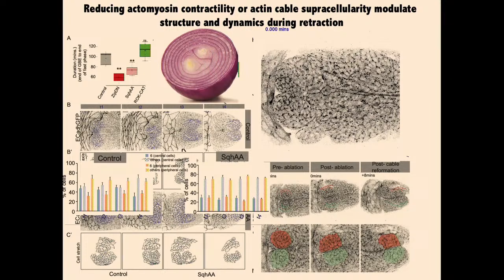They form a cable there. The moment that cable forms, you see some smoothness, at least in the region where the cable forms. So a jagged edge becomes smooth the moment a new cable forms in the same place. What this allows us to speculate is that these actin cables are not contractile, meaning they're not shortening. But we know that they're tensile, in that if you take a laser and cut it, the two edges will recoil.